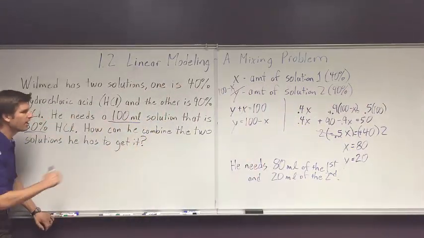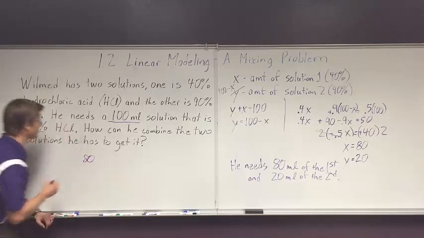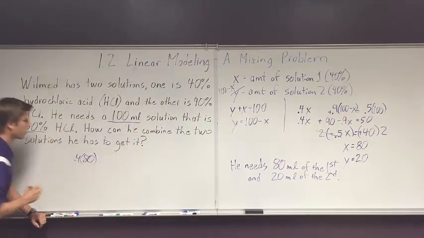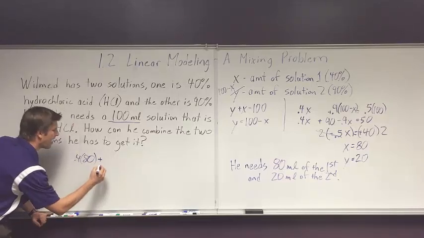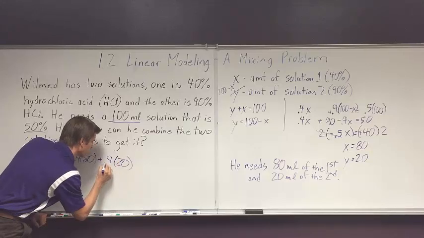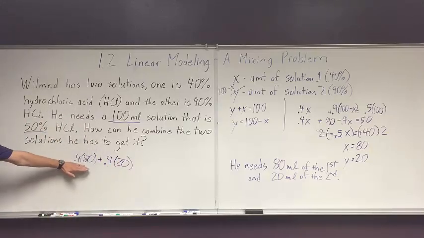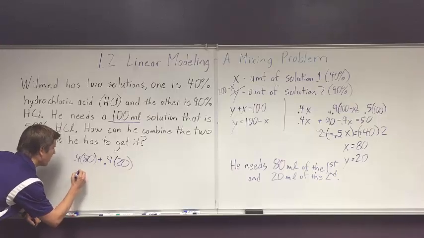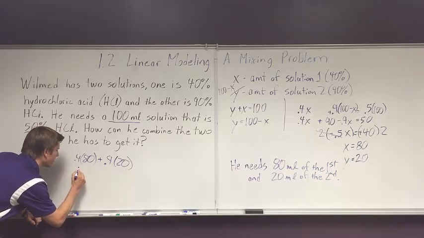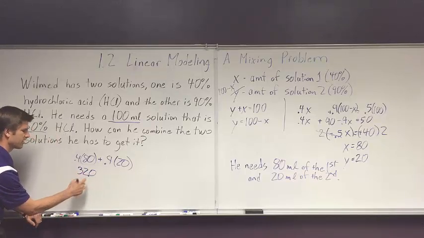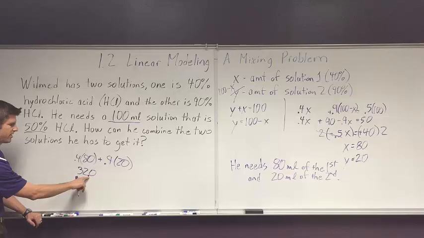You can say, okay, let's see. If I had 80 milliliters of a 40% liquid and 20 milliliters of a 90% liquid, what would I have? If we multiply that out, we get 320, but then one place goes to the right of the decimal point.